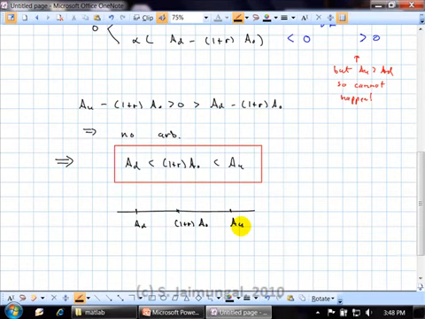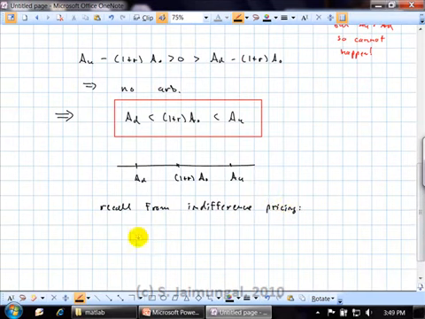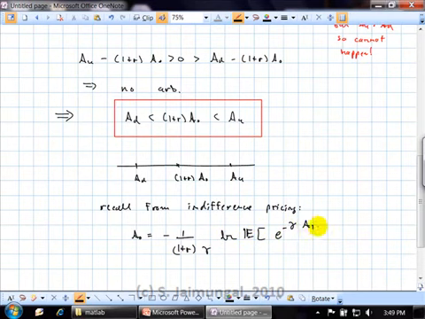Now we can ask the question, does our previous result satisfy no arbitrage? So recall from indifference pricing, we had that. So the question is, does this line within that bound?